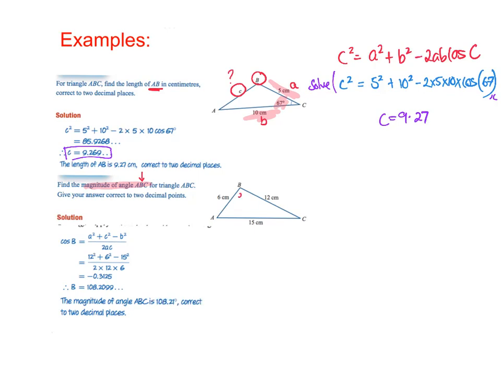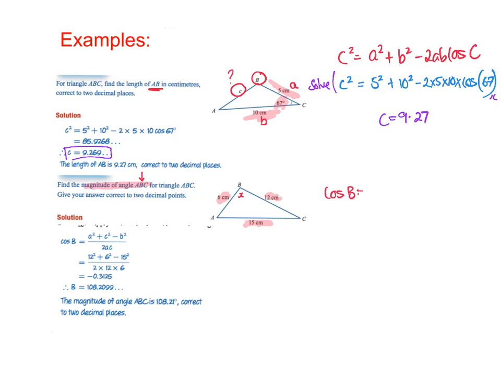So this is the question, X here. You can use the cosine rule because we have all three sides of a triangle, which you don't know is a right angle, so you may as well use this cosine rule. And because it's angle B, you can see that they've written the B rule.